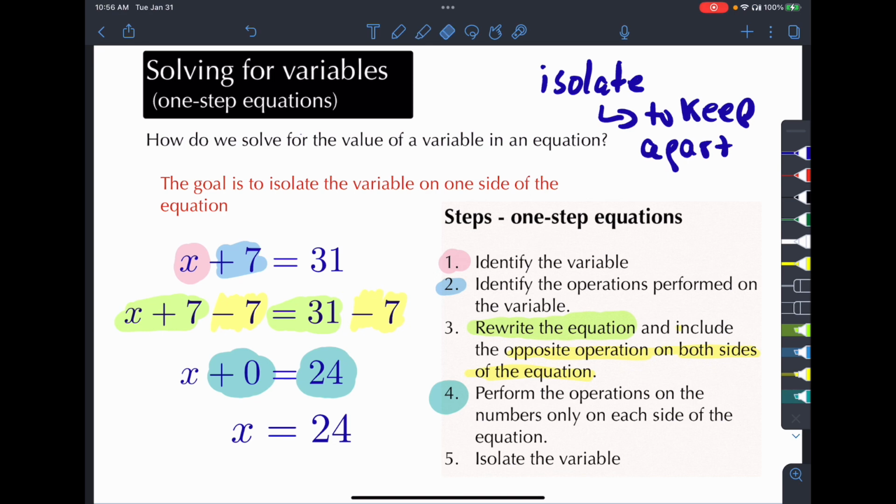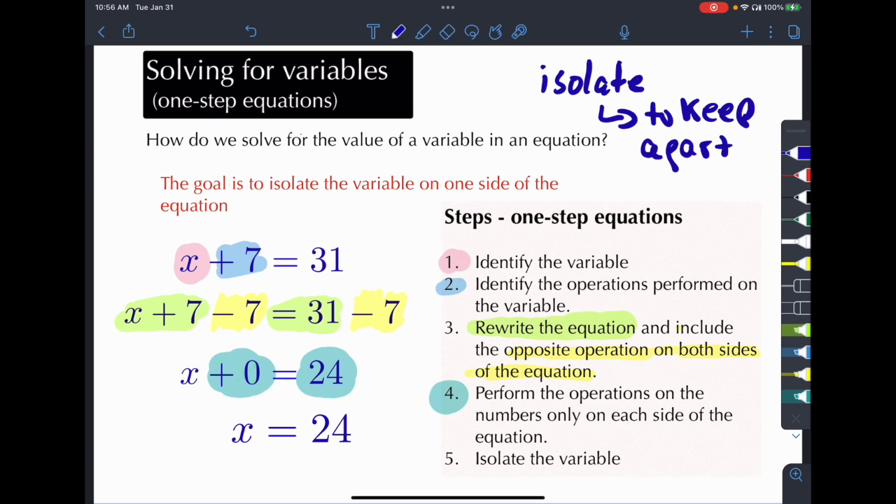And finally, step 5, we isolate the variable. So look at this line right here. The variable is on the left side, and we have this equation x plus 0. Well, if we add 0 to a number, we just get the number itself. The 0 is redundant. We don't need the 0.